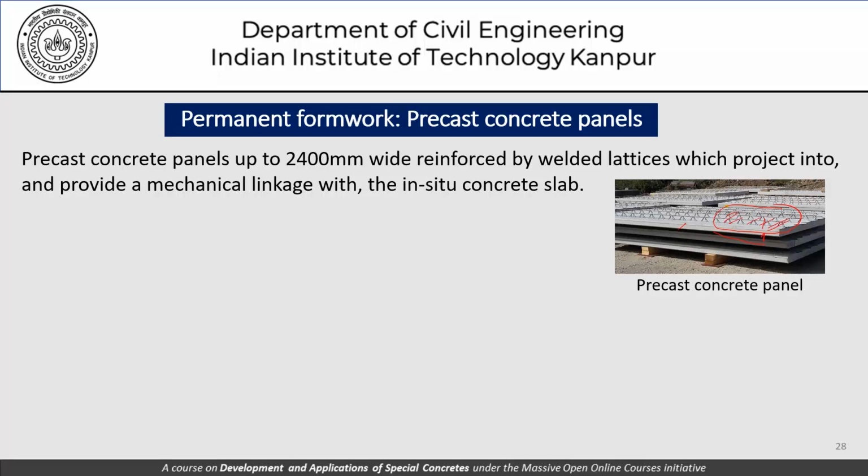So in a slab construction, we'll have this kind of a precast formwork with some kind of hooks, the way they are shown here, and on top of this we cast the normal concrete. So this precast concrete becomes a part of this overall slab.